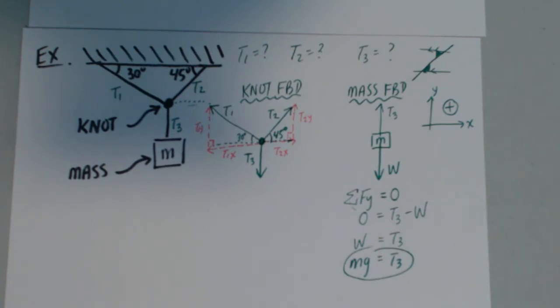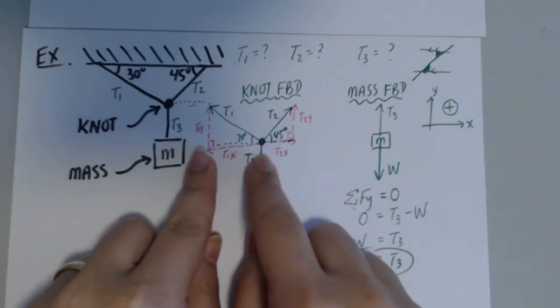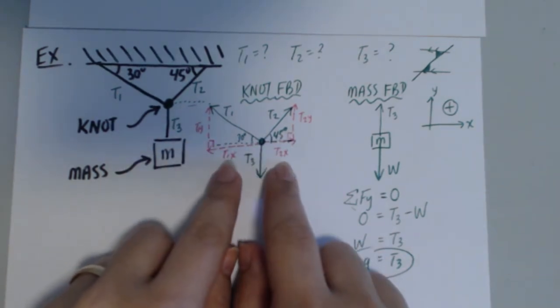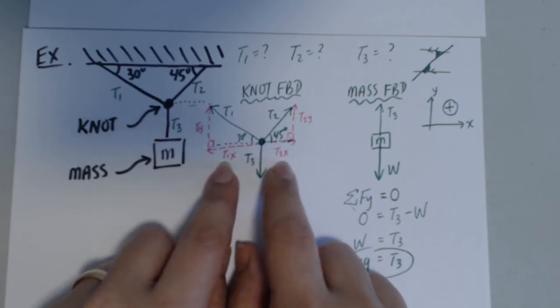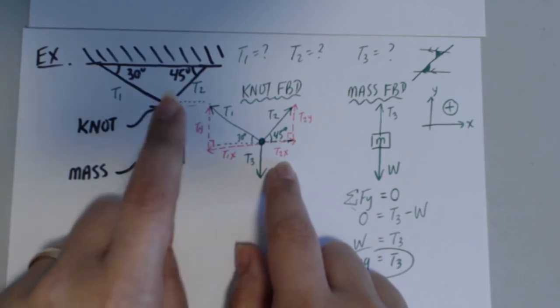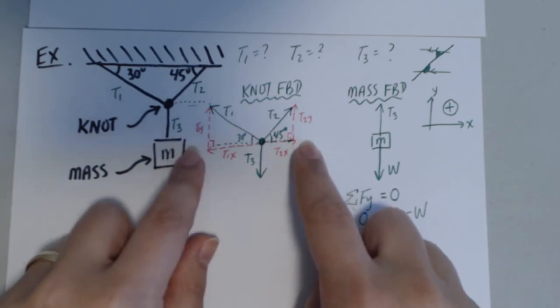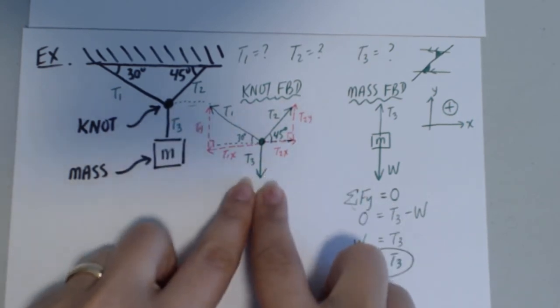Because I only have two forces in the x direction and they are oppositely directed, and I know the knot's not moving, these two have to be the same magnitude. They just have to. T1x has to equal T2x. All right. Now in the y direction, I have three forces. I have T1y, T2y, and T3. T1y and T2y are going up. T3 is going down.